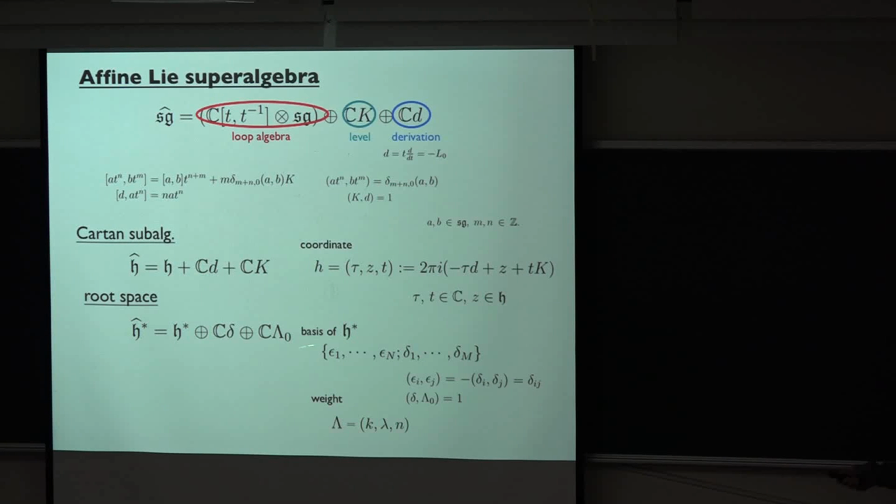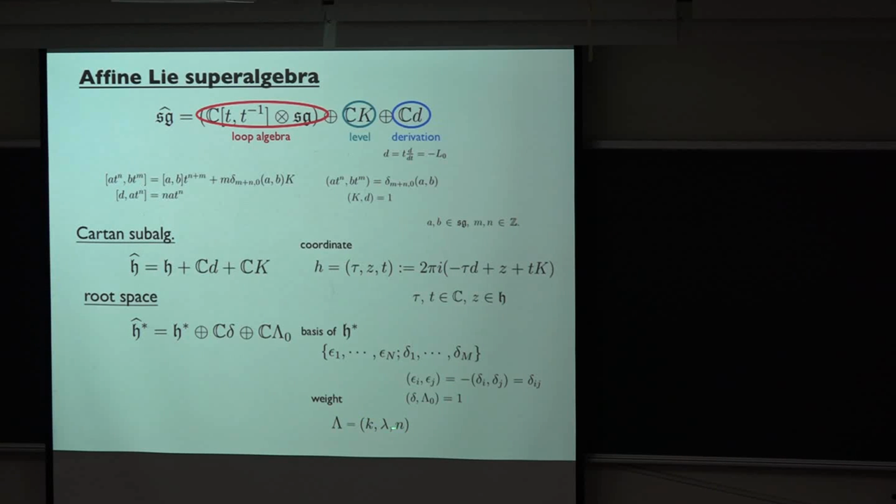In the root space, we can pick up the basis of the root system of the finite Lie superalgebra. Actually, I am considering here the gl(n|m) Lie superalgebra. We have the indices 1 to n and 1 to m, and with this particular bilinear form relation, we can pick up the weight using this basis.